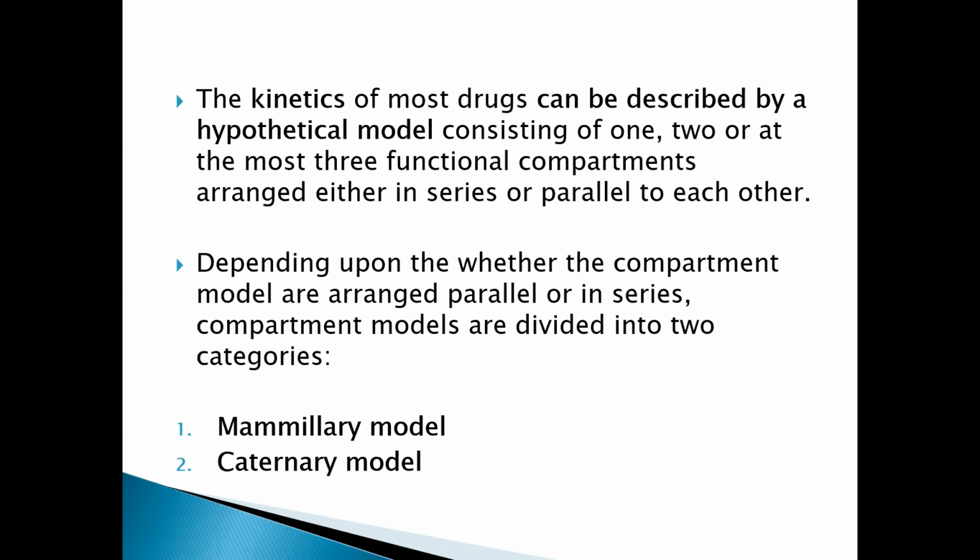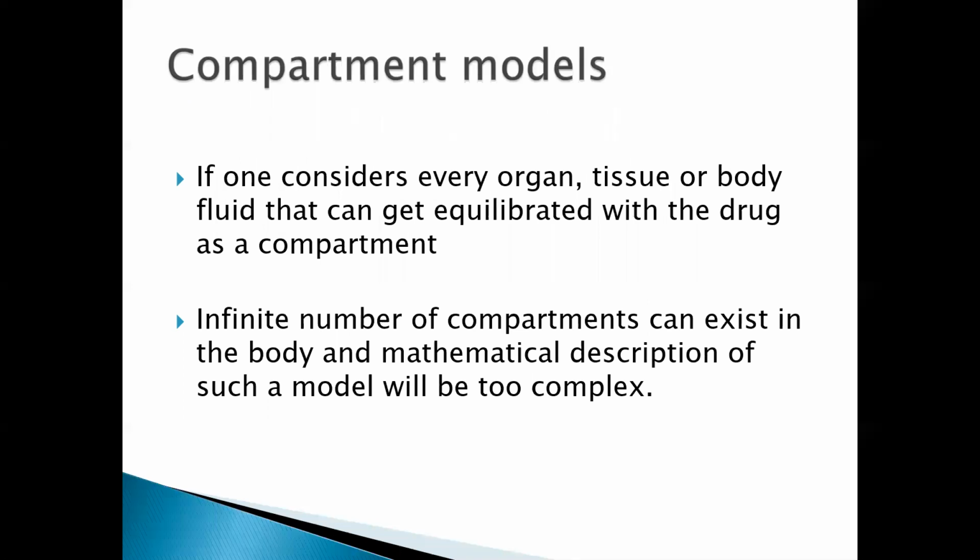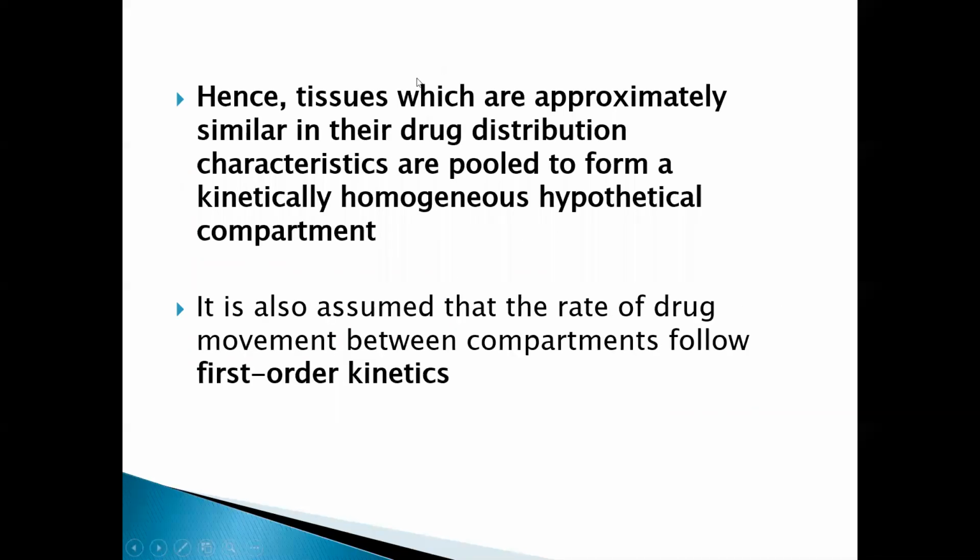Okay. So we are assuming the body is composed of a number of compartments. You are assuming that every organ, tissue or body fluid that can get equilibrated with the drug is a compartment, and tissues which are approximately similar in their drug distribution characteristics are considered a homogeneous hypothetical compartment, a single compartment.